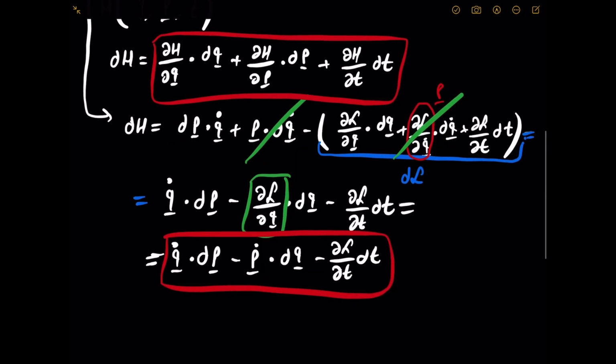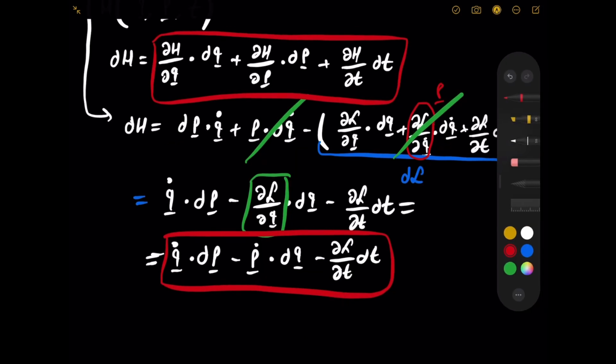So the factors up front need to be equal, which means, if you look at the factor for dq, on the first part we have that dh by dq is equal to minus p dot. And if you look at the factor for dp, we have that dh by dp is equal to q dot.